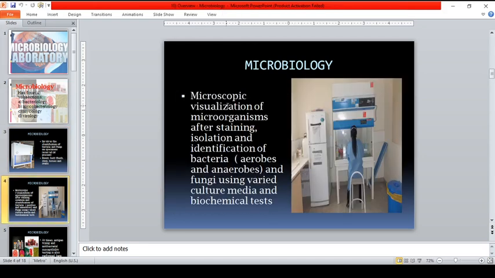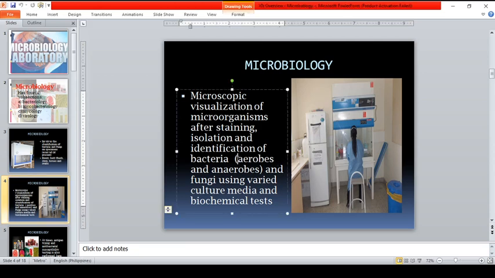So, in microbiology, this is the microscopic visualization of microorganisms after staining, and the isolation and identification of bacteria, either aerobes or anaerobes, and fungi using varied culture media and biochemical tests. So, we have two types of bacteria.